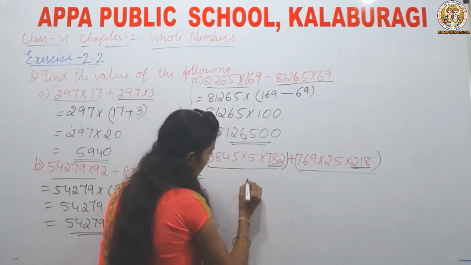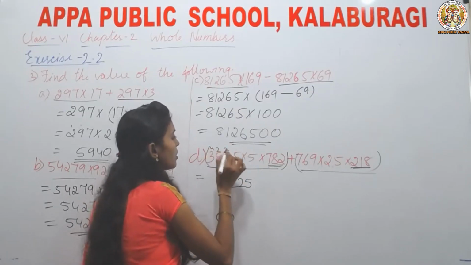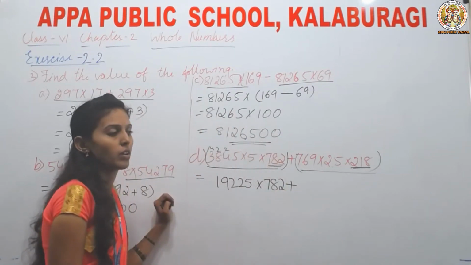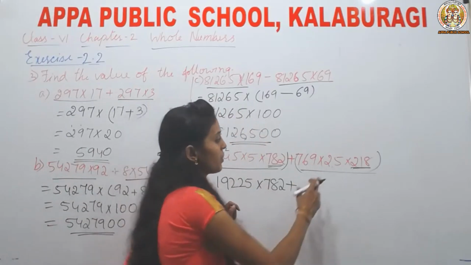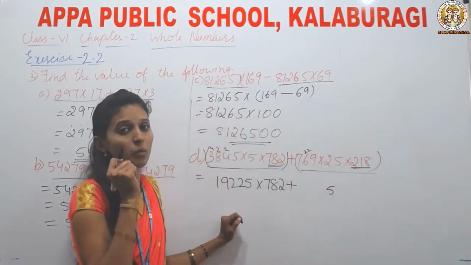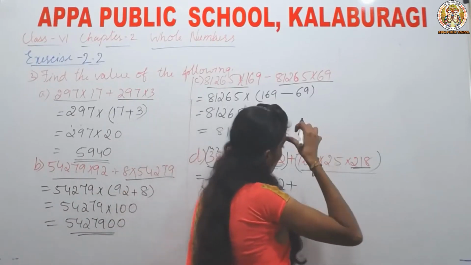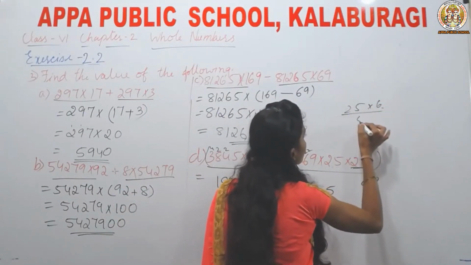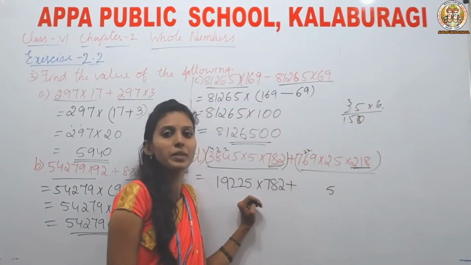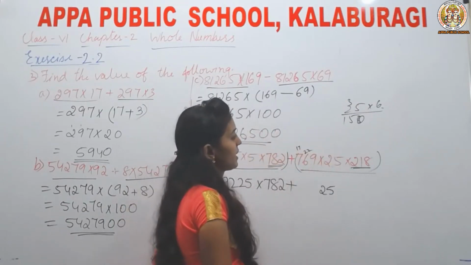So multiply. 5 5s are 25, 2 carries. 5 4s are 20 plus 2, 22. 5 8s are 40 plus 2, 42. 5 3s are 15 plus 4, 19, into 782 plus 25 9s are 225, 22 carries. 25 6s are how much? 6 5s are 30, 3 12 plus 3, 150. 25 5s are 125, so 25 6s are 150. 150 plus 22 is nothing but 172, 17 carries.